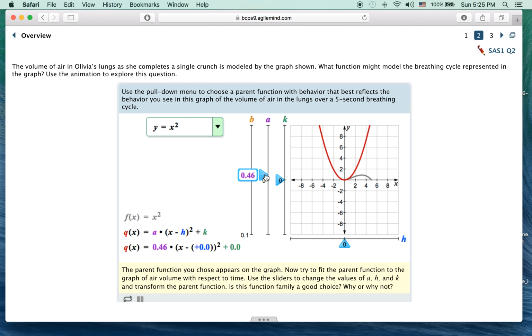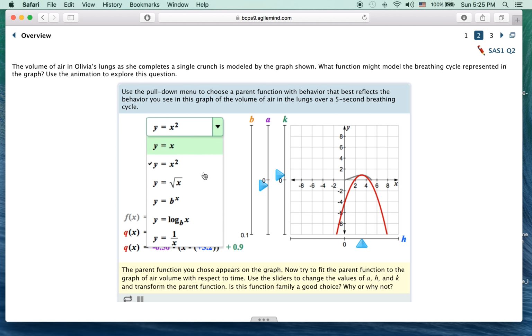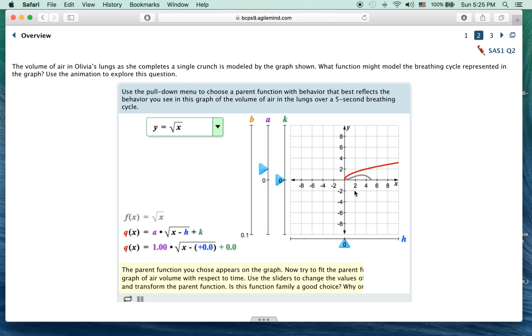Okay, let's try quadratic. We talked about a quadratic not working. X squared isn't going to work because it's symmetric. And this function is asymmetric. Let's look at the square root function. Square root function, not so great to represent this function.